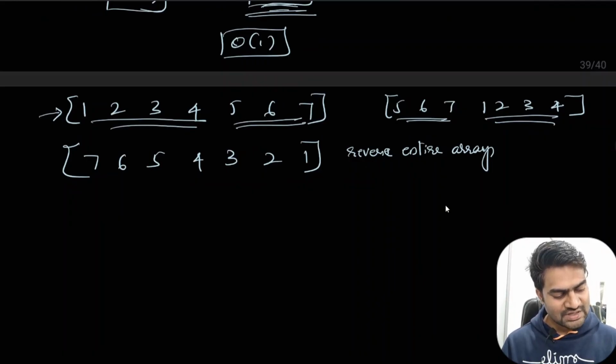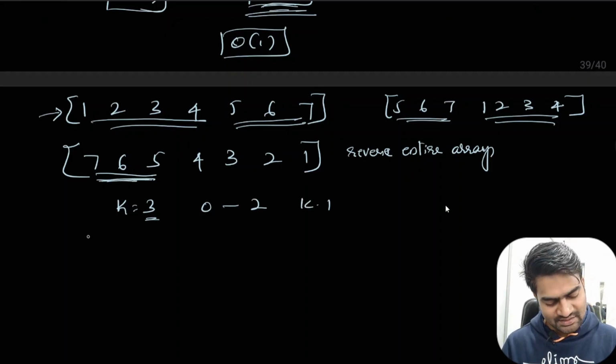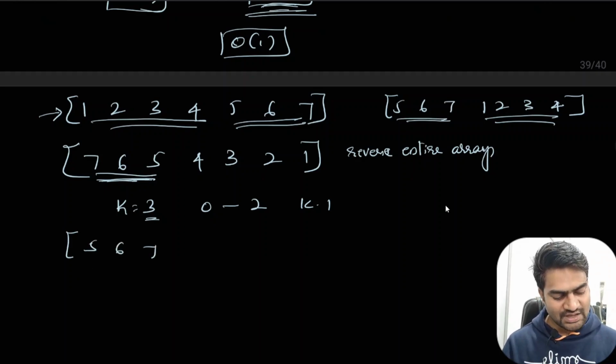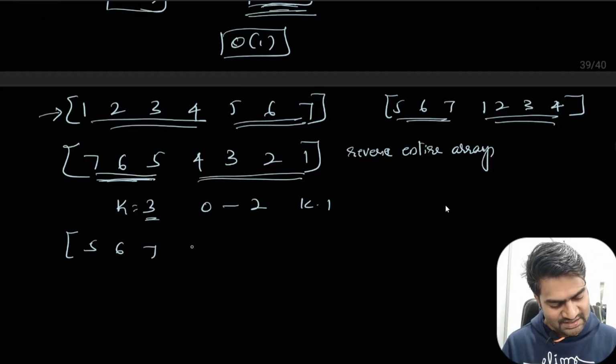Now since our k value is 3, I will reverse the initial k values, basically 3. So from index 0 to 2, that is k minus 1 index, I will again reverse the values. If you see, it becomes 5, 6, 7. After this, the remaining values, again I will reverse them separately. So they will be 1, 2, 3, 4.